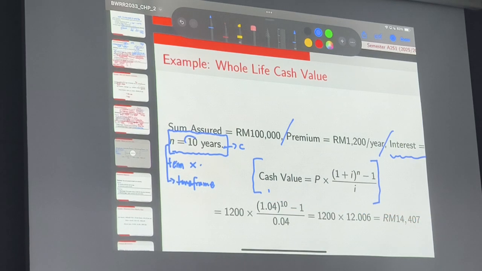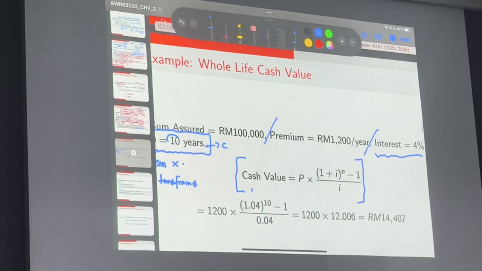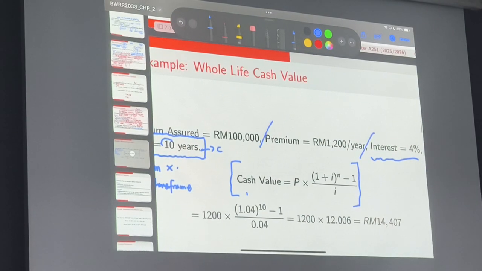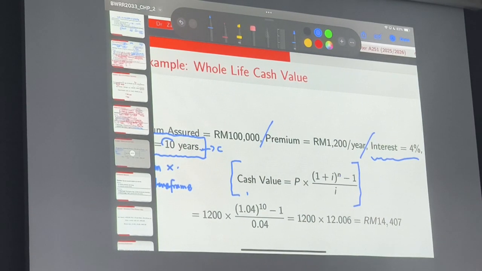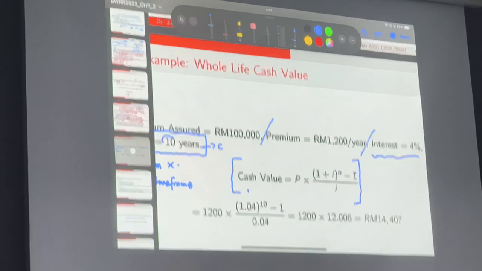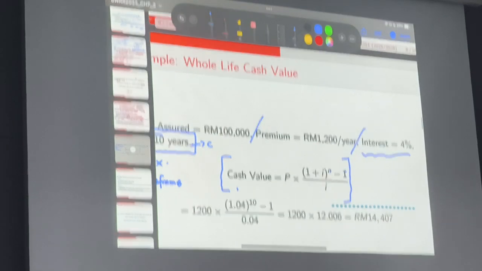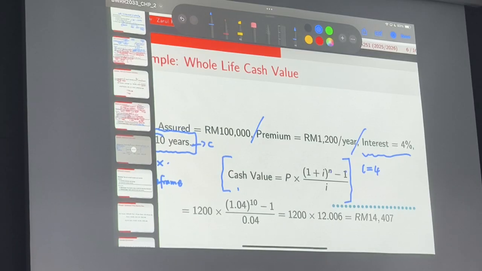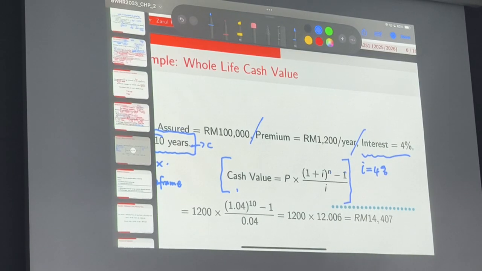So cash value equals P, which is the premium, times 1 plus I to the power of N minus 1, divided by I. What is I? I is the interest, so I equals 4%, 0.04.